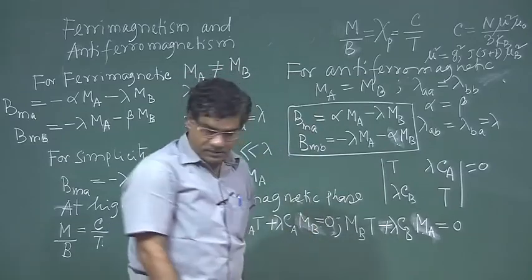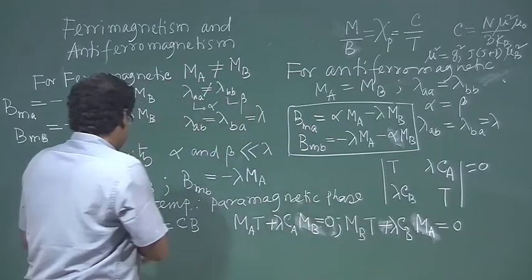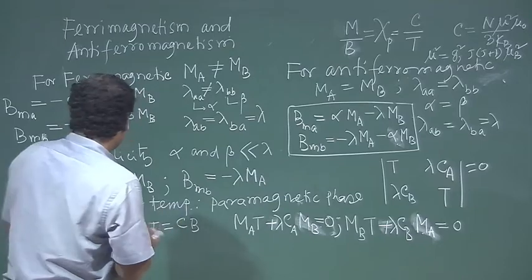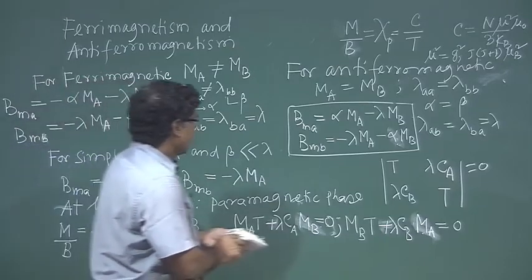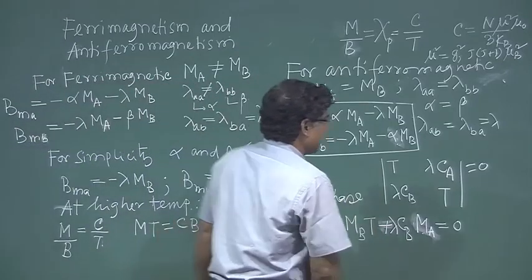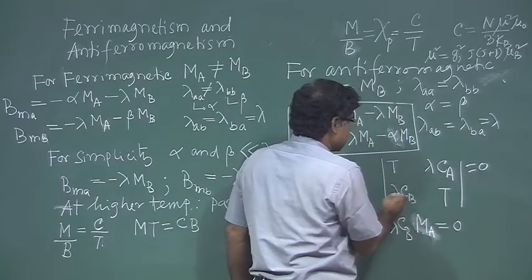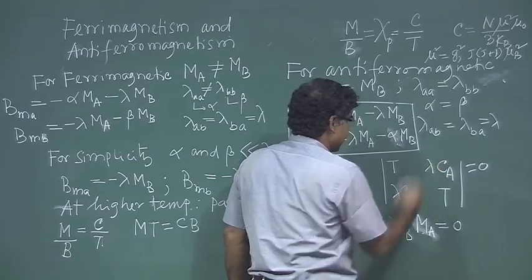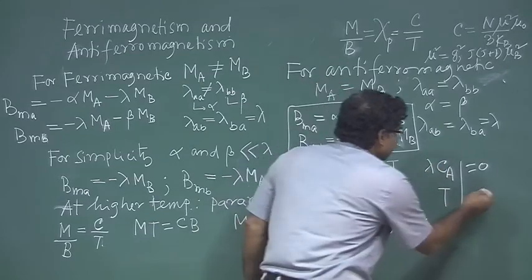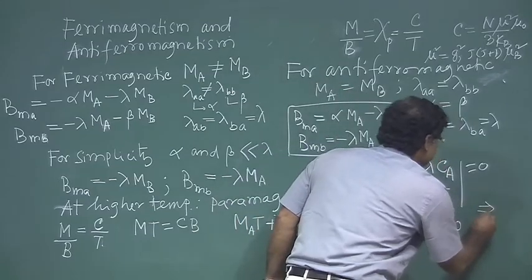So, from here what you can see is that I can get T square minus lambda square C_A C_B equal to 0.